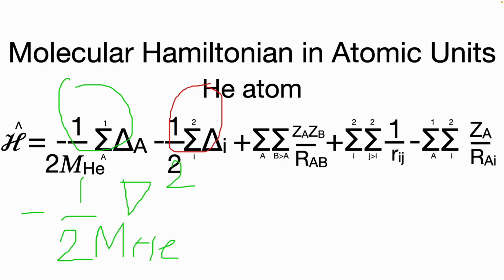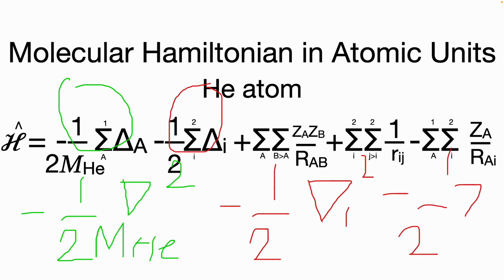We have two electrons, so we shall have two terms, one for each of them. After that, we have the nucleus-nucleus repulsion term. But helium is an atom and it has only one nucleus, meaning that this term does not exist for the helium atom.